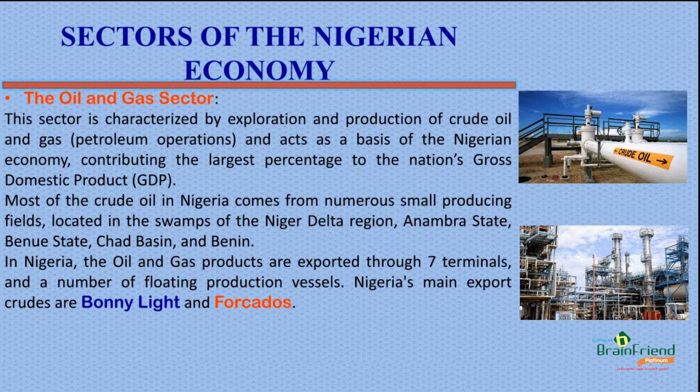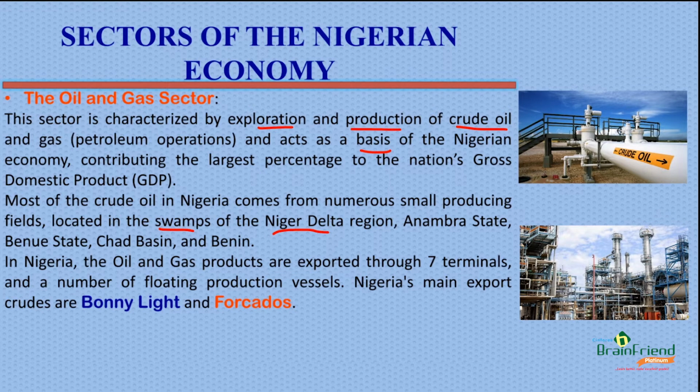The oil and gas sector. This sector is characterized by exploration and production of crude oil and gas, and acts as a basis of the Nigerian economy, contributing the largest to the nation's gross domestic product. Most of the crude in Nigeria comes from numerous small producing fields located in swamps in the Niger Delta region.